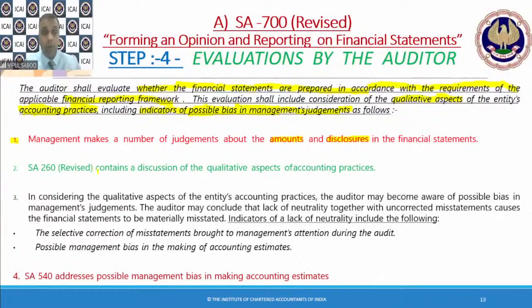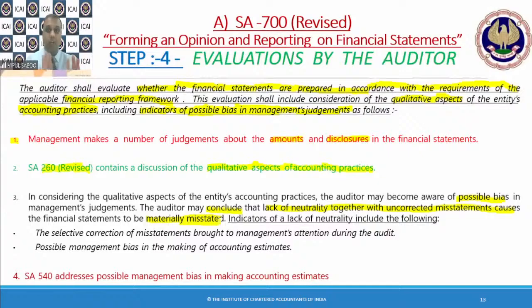Then you have SA 260, which contains a discussion of qualitative aspects of accounting practices. So this particular standard covers the qualitative aspects. So the auditor can be aware of possible bias in the management's judgment. The auditor may conclude that there is lack of neutrality together with uncorrected misstatement, causing the financial statements to be materially misstated.